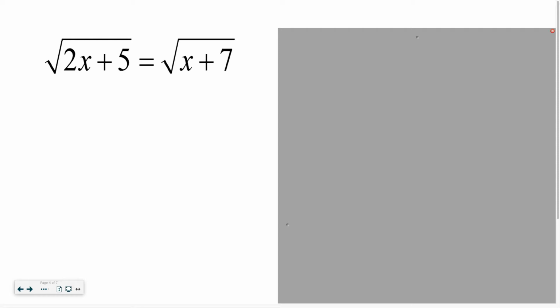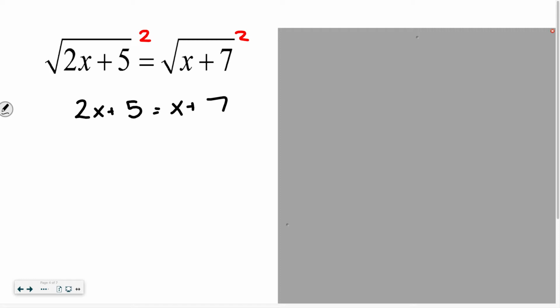Well, I got a square root on the left, and I got a square root on the right. There's really nothing left for me to do but undo the square root. How do I undo a square root? Square both sides. Okay, if I square a square root, that'll cancel. I'll get 2x plus 5 equals x plus 7.